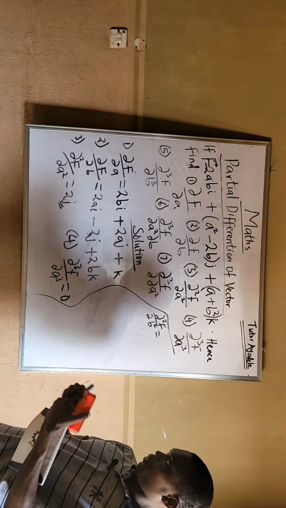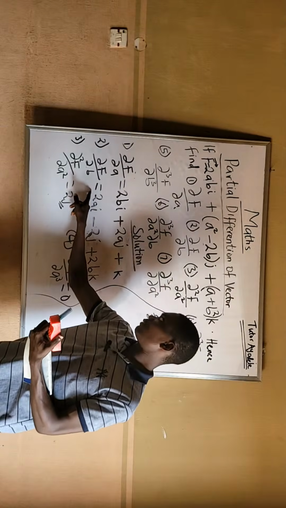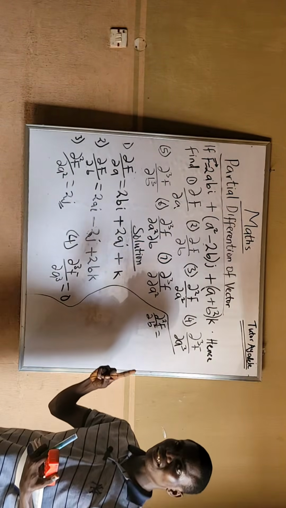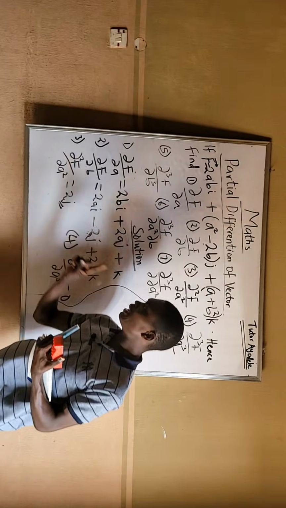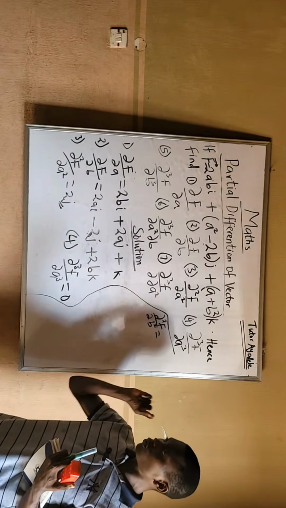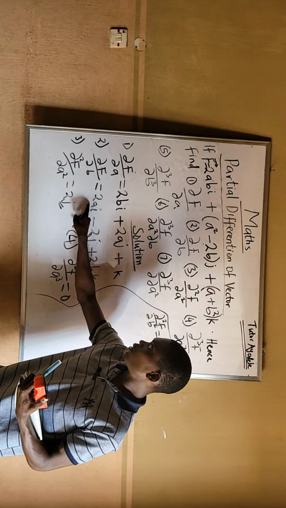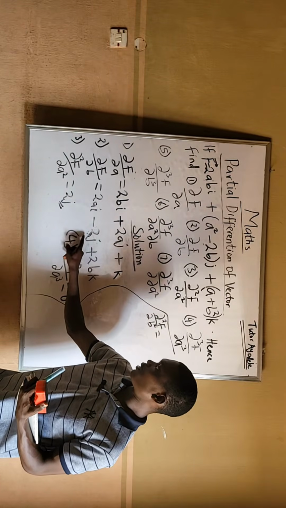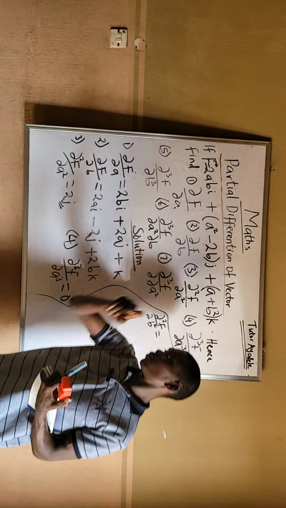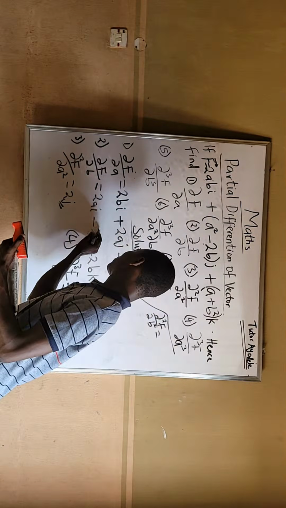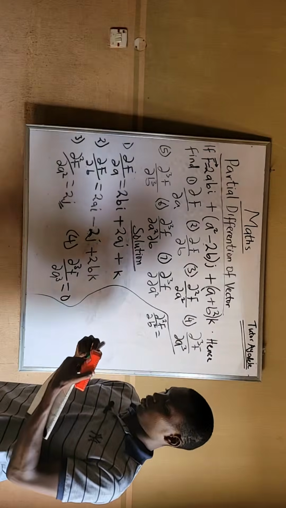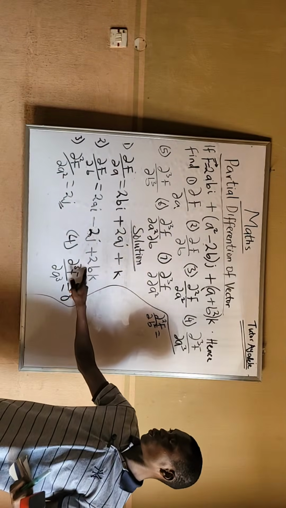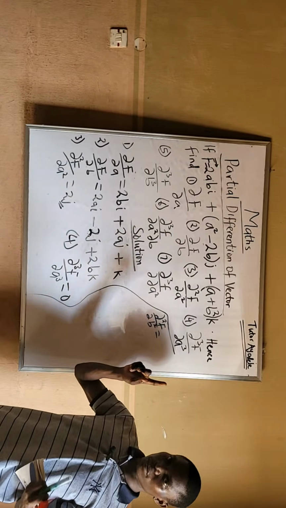Now come here. We are differentiating with respect to b. Take note, not a. Anywhere there's no b will automatically change to 0. This will change to 0. Because there's no b here, this 2j will change to 0. We only have b here, so we differentiate with respect to this alone.